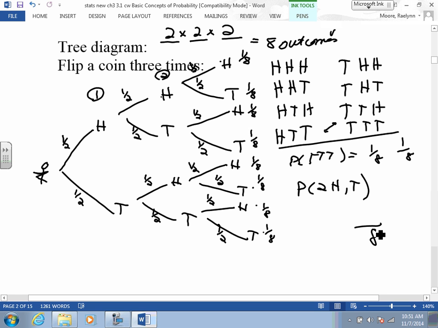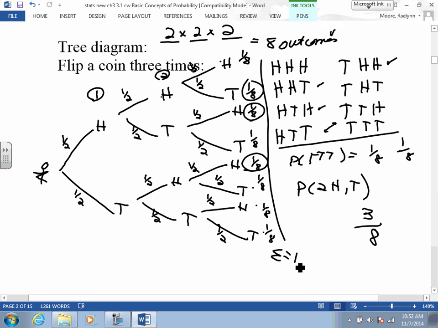Let's count how many have 2 heads and a tail. 1, 2, 3. 3 out of 8. Or I can go to my tree. Here's 2 heads and a tail. That's 1/8. Here's 2 heads and a tail. That's 1/8. Here's 2 heads and a tail. That's 1/8. Add them together. 3/8. All your probabilities, when you add down this way, have to add up to 1. Your total sample space has to add up to 1.